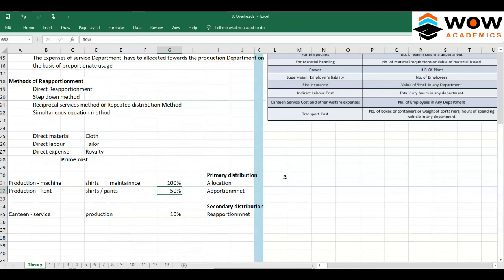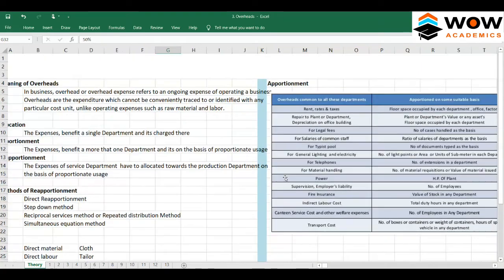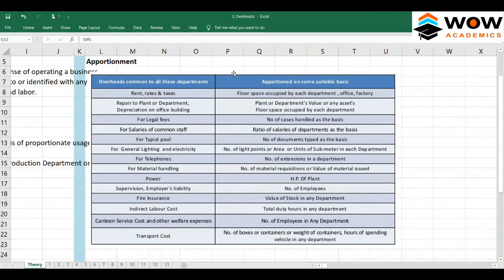How can we then split other expenses? You could see here, rent can be split on floor space occupied by each department. Repair to plant, or depreciation on plant, could be divided on plant value or any asset's value.